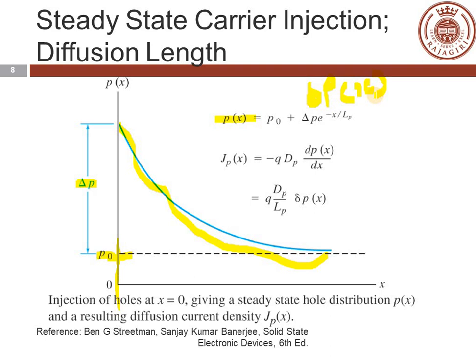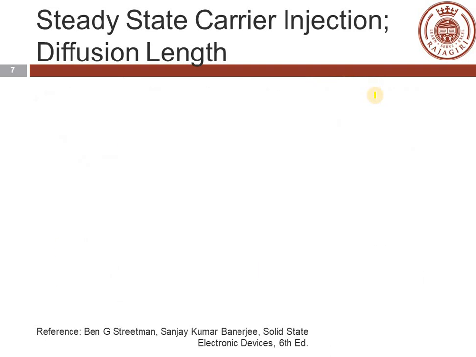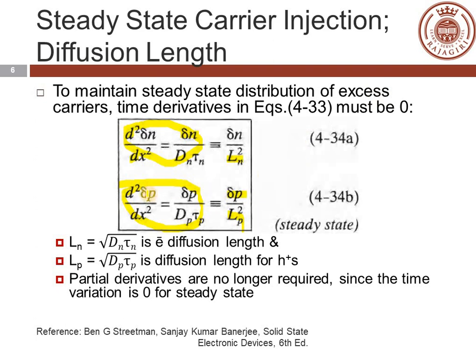So now what we are going to do is take the previous diffusion equation for holes, that is equation 434b, d square delta P by dx square equal to delta P by Lp square. So we will be rearranging this equation.